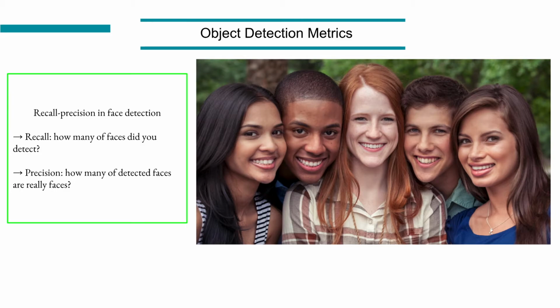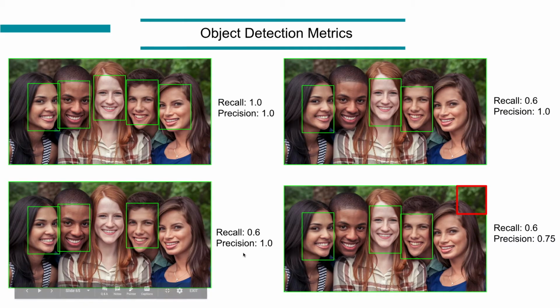Okay, let's recap. Let's redefine our recall and precision metrics in face detection. In the left top example, our object detection detects all the faces, right? And there are no false positives and no false negatives.